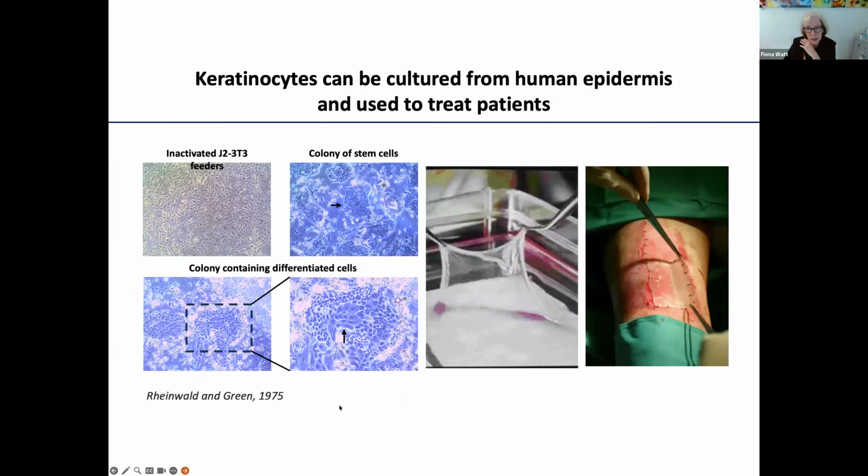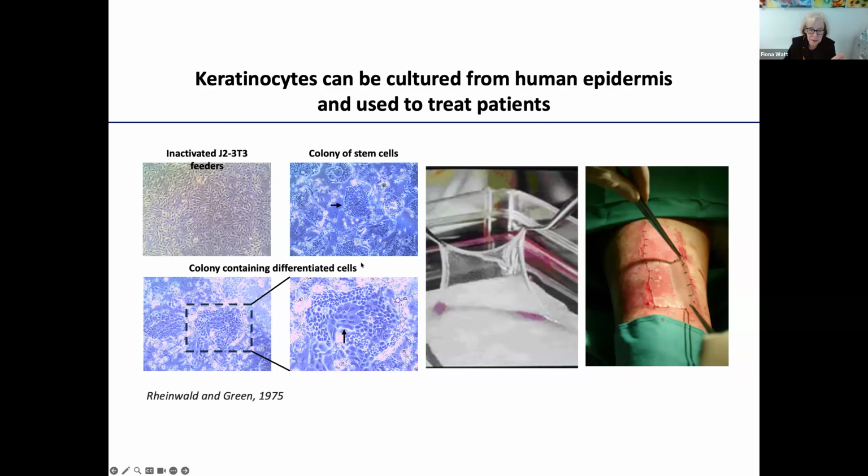So, how can we study human epidermis in culture? Well, it's because of a paper that was published more than 50 years ago by Jim Rheinwald and Howard Green. And they showed how you can take a biopsy of human skin, disaggregate the cells into a single cell suspension, and plate them onto a feeder layer of 3T3 cells. And as you can see here, the stem cells start to attach and divide, and they form little colonies of cells.